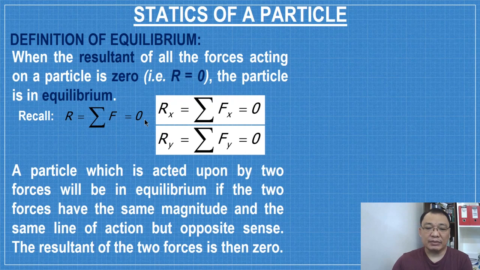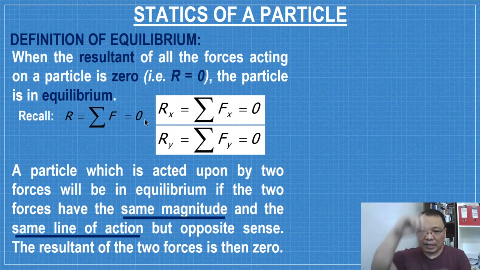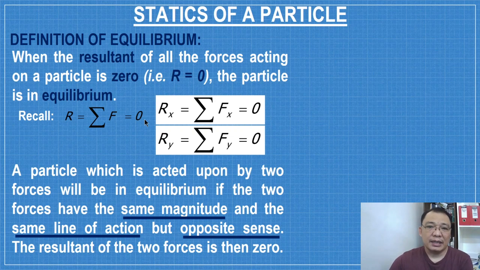And the resultant of the two forces is then 0. Again, they must have the same magnitude, the same line of action, whether horizontal, vertical or inclined, as long as it is the same line of action. And the third one is opposite direction, opposite sense.